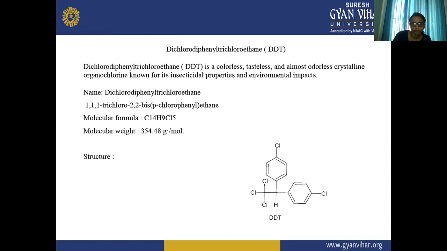As the name specifies, on the diphenyl there are two chlorines attached, and trichloroethane means the total chlorine present in this DDT is 5, and the two phenyl rings are also present on this ethane. Ethane means there are two carbon atoms, where all these atoms are attached.